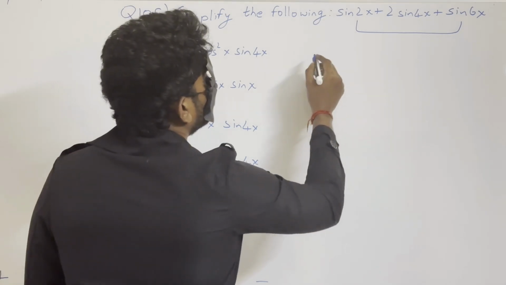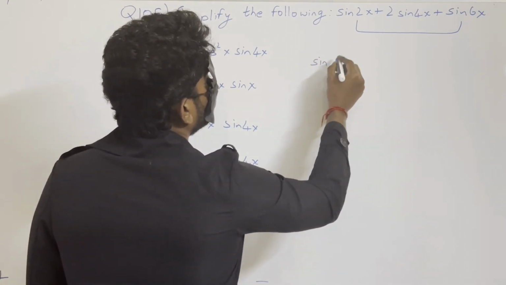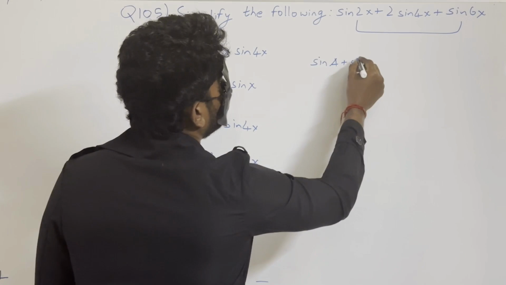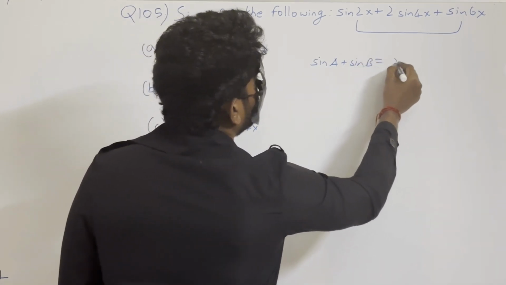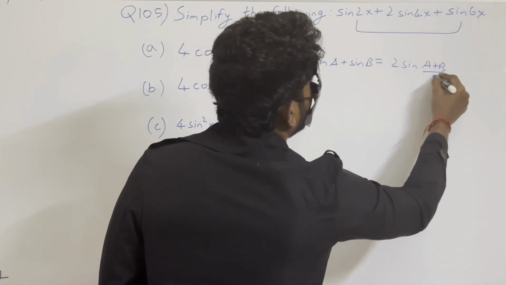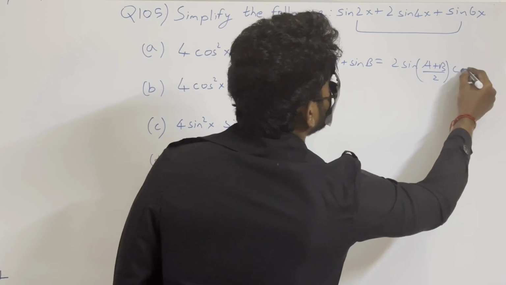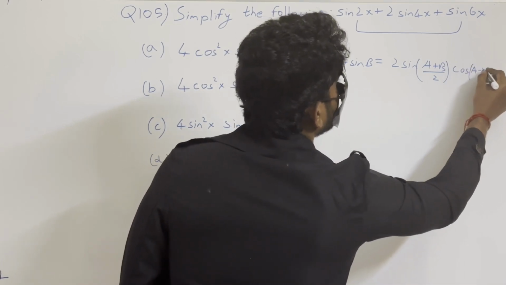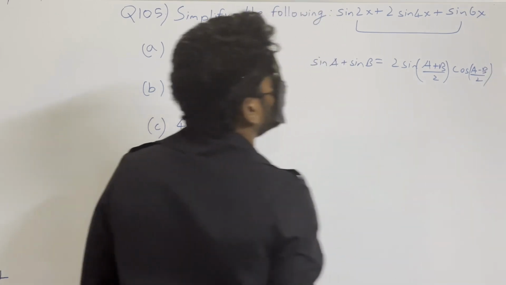So I already taught you the sin A plus sin B formula, which is nothing but 2 sin of A plus B by 2 into cos of A minus B by 2, right?